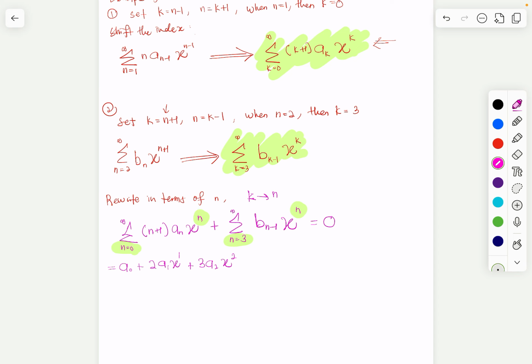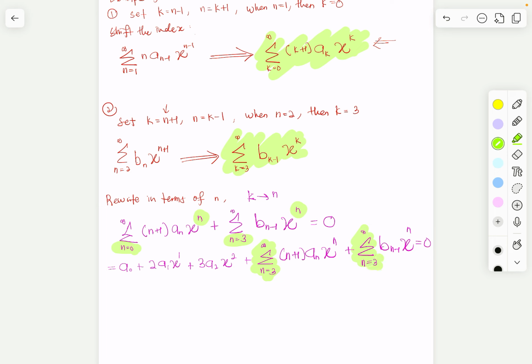Then we add the summation from n equals 3 to infinity of n plus 1 a_n x to the power of n, and then plus the summation, I just write it in full form first, equals 0. Now we can combine these two series because they start from 3 to infinity. And you can also combine x to the power of n.